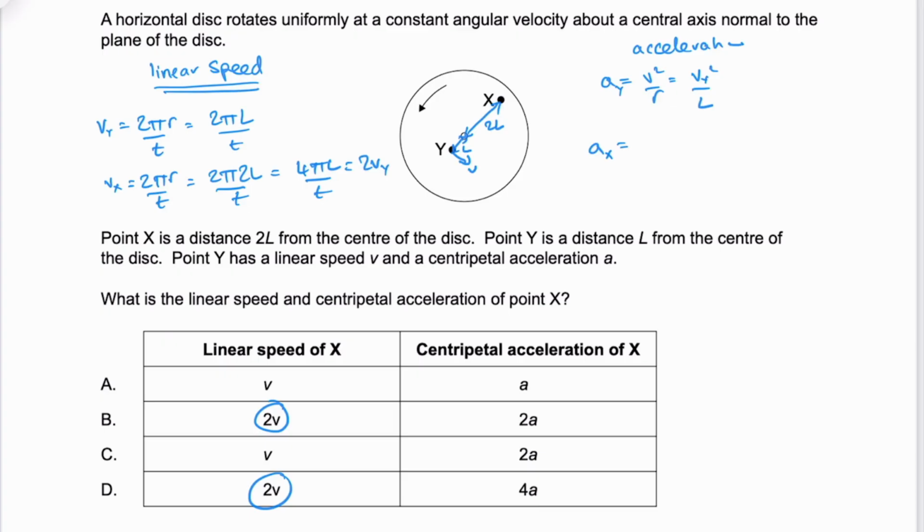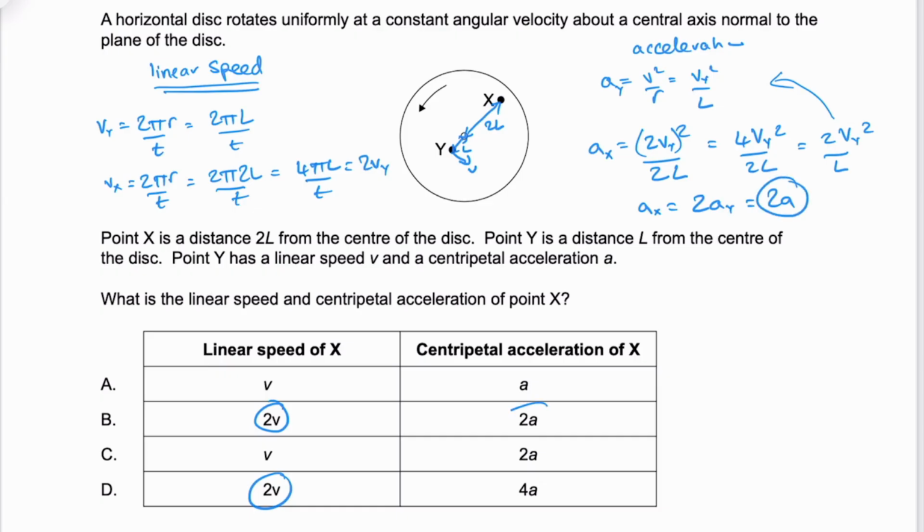It's equal to v squared over r, but we know that it's already 2Vy squared over 2L, which is 4Vy squared over 2L, which is 2Vy squared over L. And you can see that that's 2 times that. So the acceleration of x is equal to 2 times the acceleration of y, which is 2a. So the answer is B.